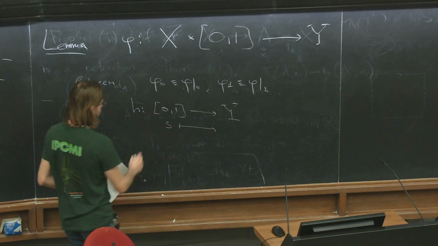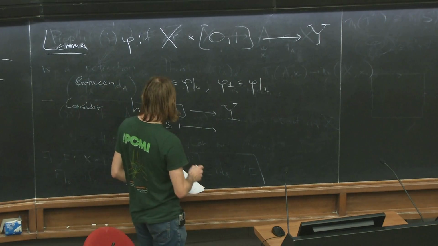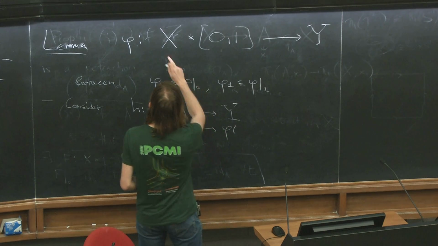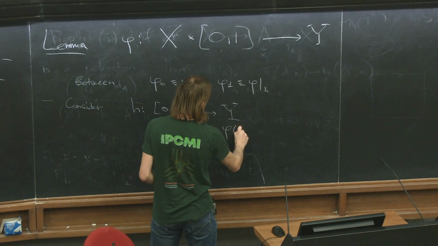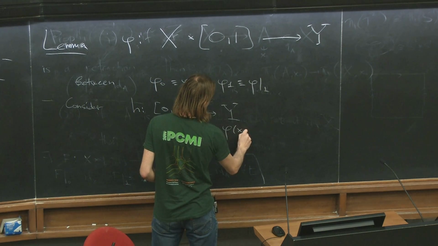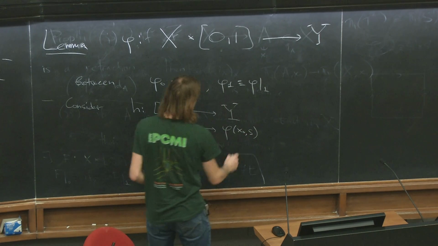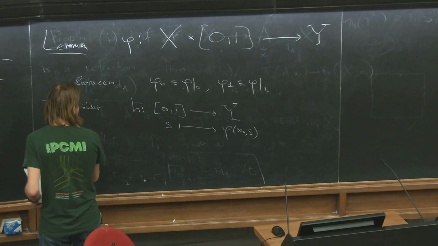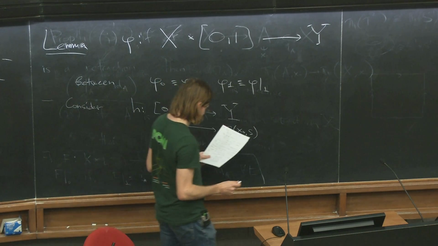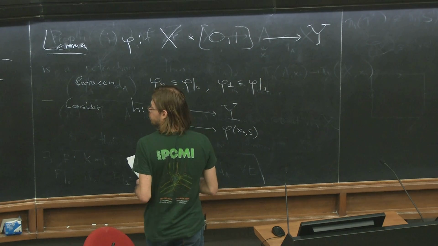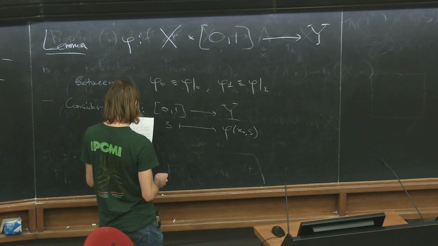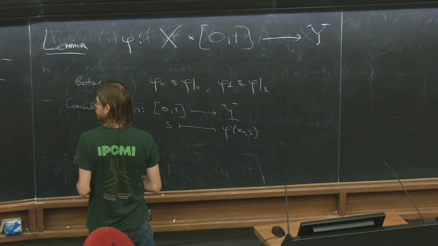I take some argument s, and the corresponding function gives us the value of phi at (x0, s).